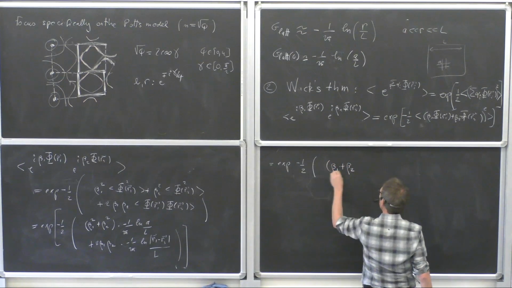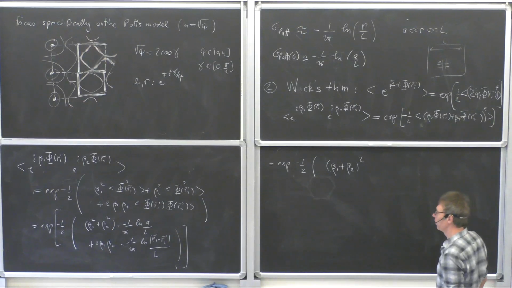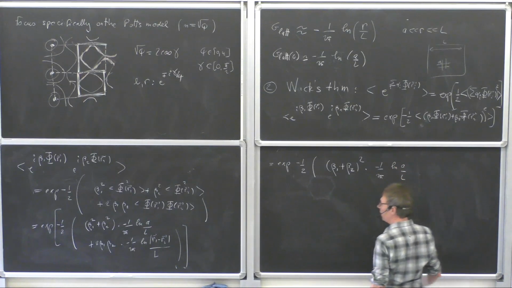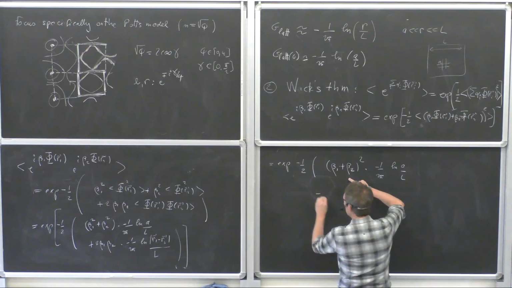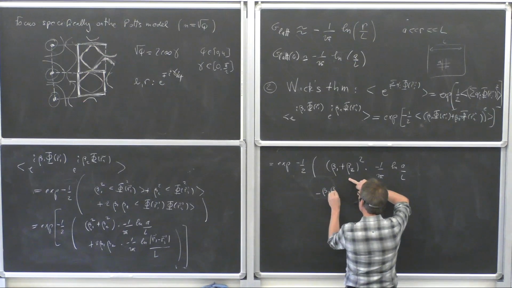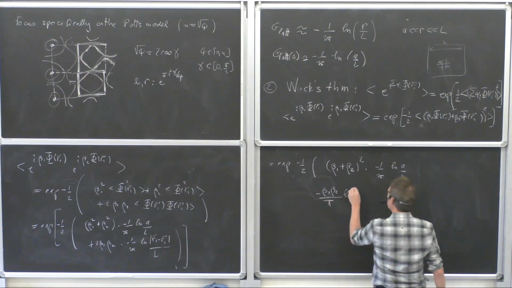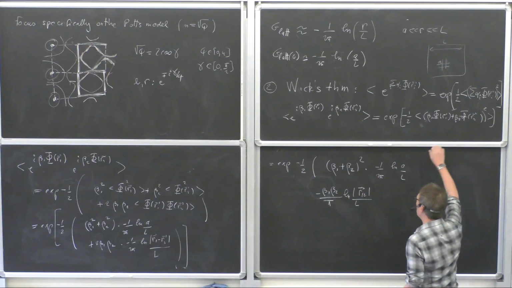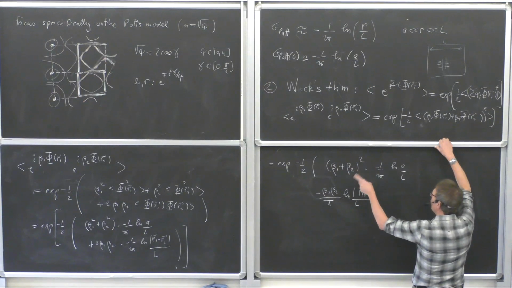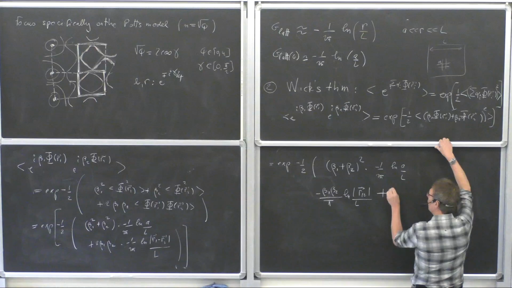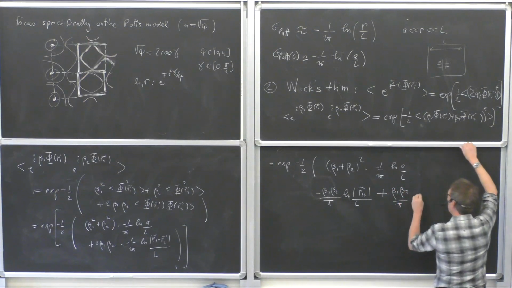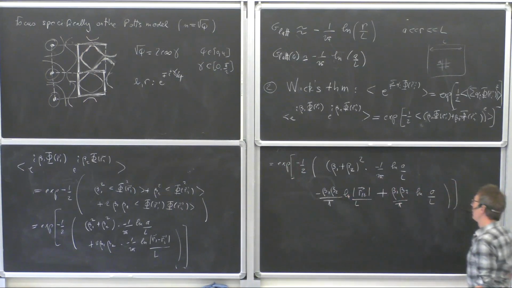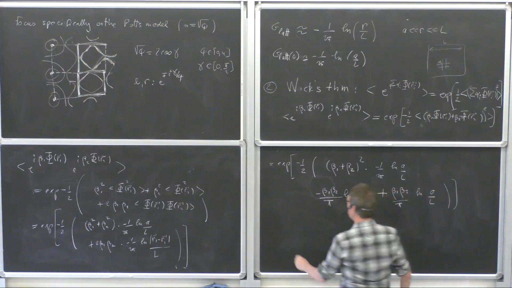So I want to replace my beta 1 square plus beta 2 square by beta 1 plus beta 2 square times minus 1 over 2 pi log a over L. And then I have the other term, which I'm going to write minus beta 1 beta 2 over pi log of R1 minus R2 over L. And then up there I introduced a term I don't want, which is minus beta 1 beta 2 over pi log of a over L. So I need to add beta 1 beta 2 over pi log a over L. Okay? Hopefully I haven't made a mistake. And then this is okay.